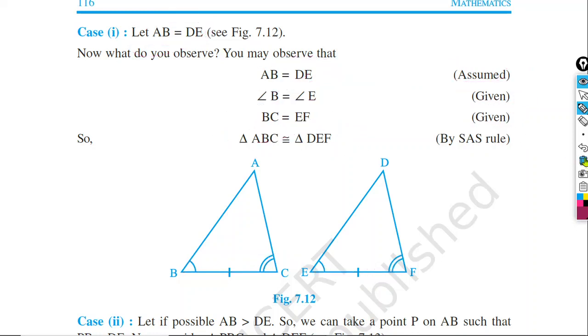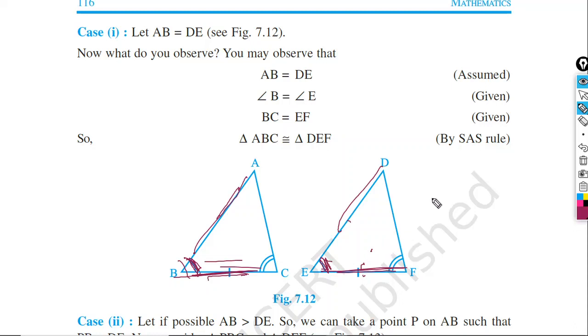Okay, now what do you see? AB equal to DE, angle B equal to angle E, and BC equal to EF. That means two sides and the angle in between, the included angle, are equal to the corresponding two sides and included angle of the other triangle. So what is this theorem?